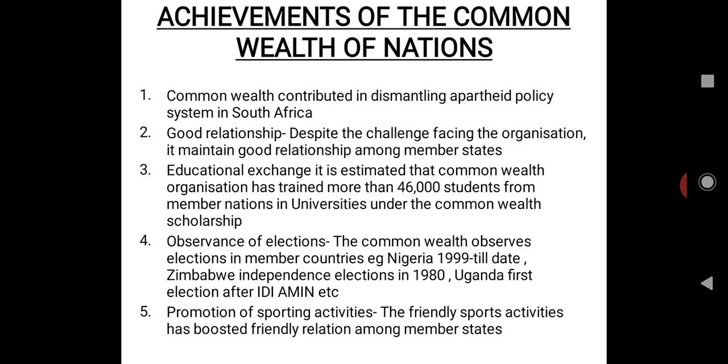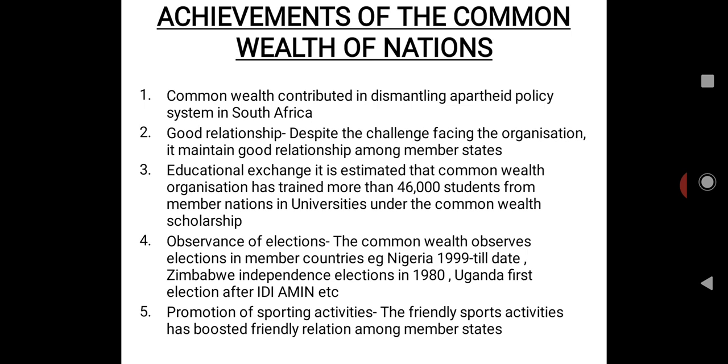I told you, if you study hard, if you perform well, you might be one of the beneficiaries. You might benefit from this scholarship scheme. You can imagine more than 46,000 students from member nations have benefited. They have been trained in Commonwealth universities.